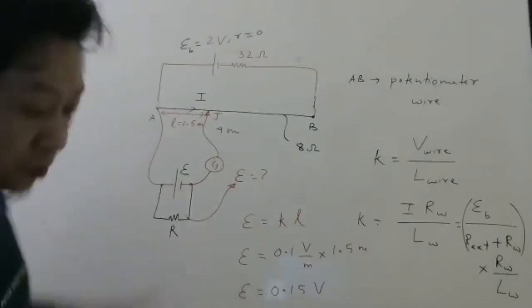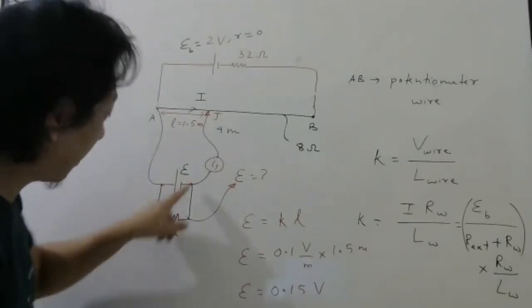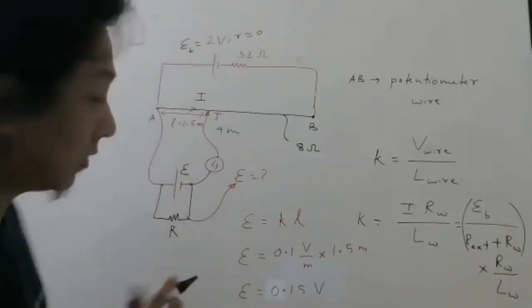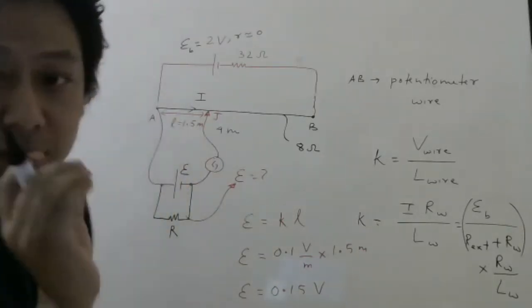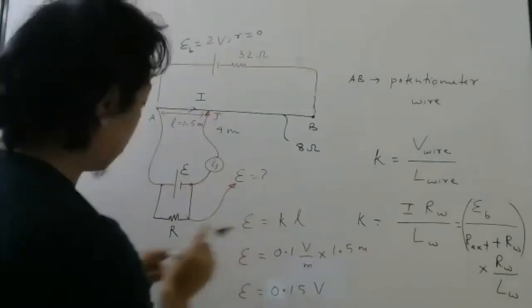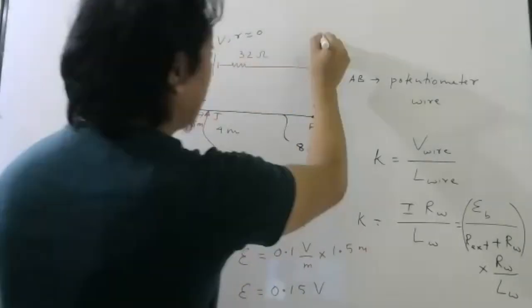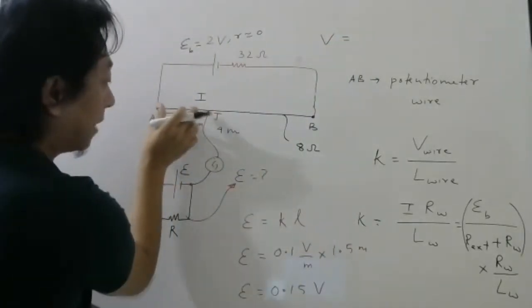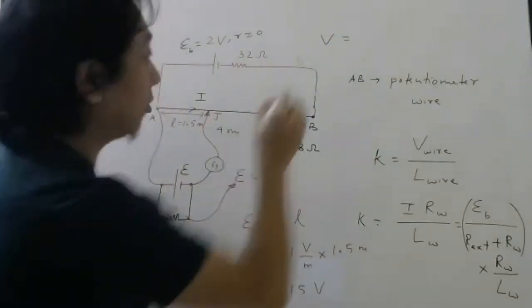Okay. But you know that you can put this external resistance and then the voltage here will be the terminal voltage. So at that time the balance length will be slightly less. The potential difference here will be the terminal voltage and that should be equal to the potential difference here. But the length will be slightly less, so it will be K into L dash.